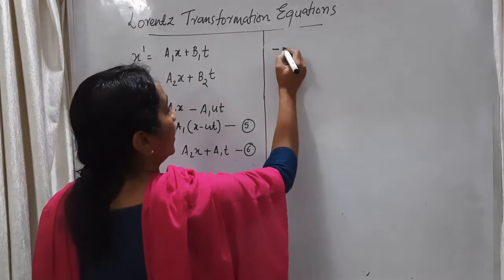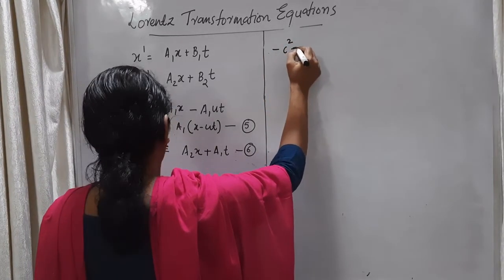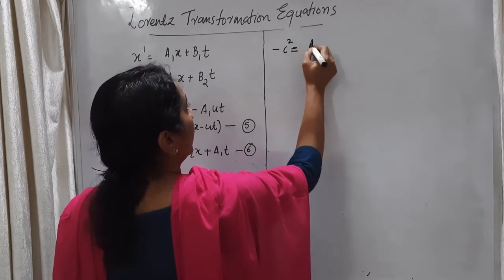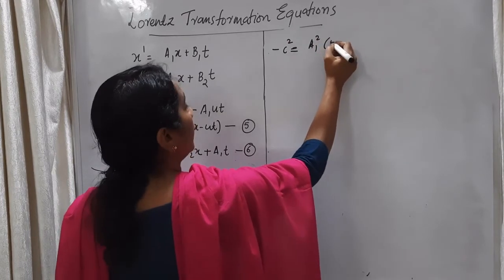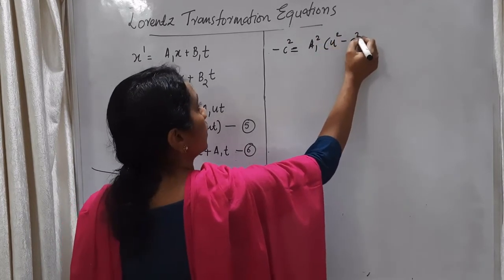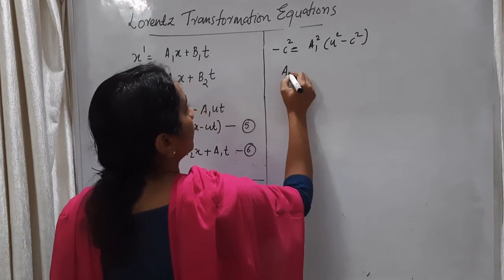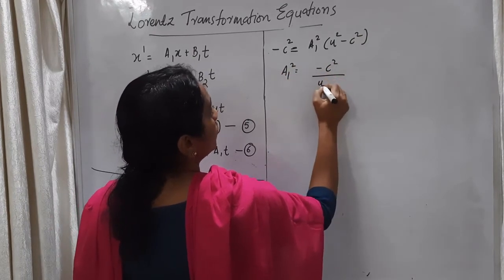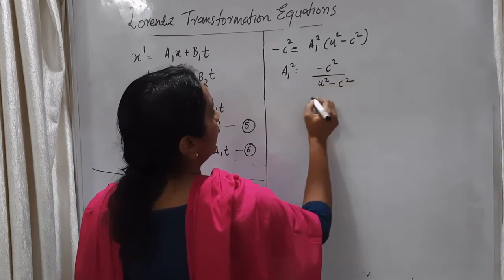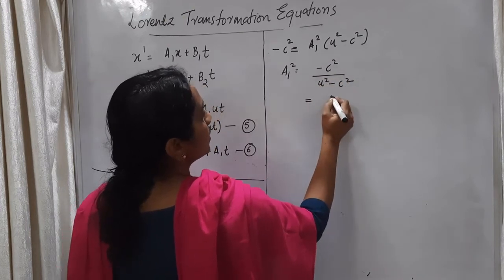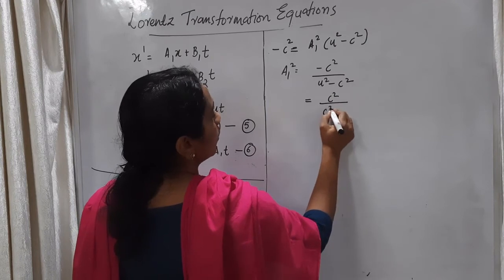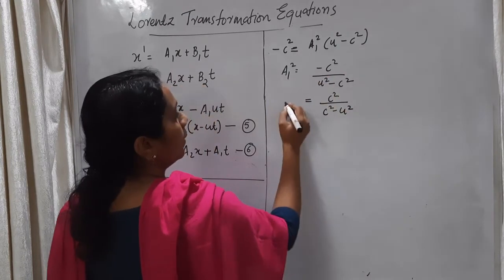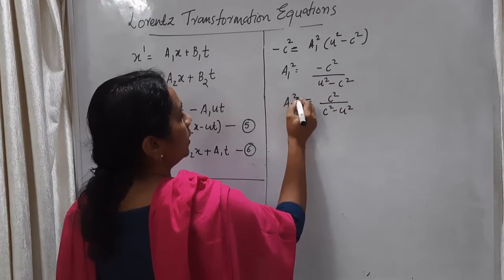So let me rewrite it: minus c square is equal to a1 square into u square minus c square. So what is a1 square? That is equal to minus c square by u square minus c square, or I can put it as c square by c square minus u square, by multiplying by minus 1 on the numerator and denominator.